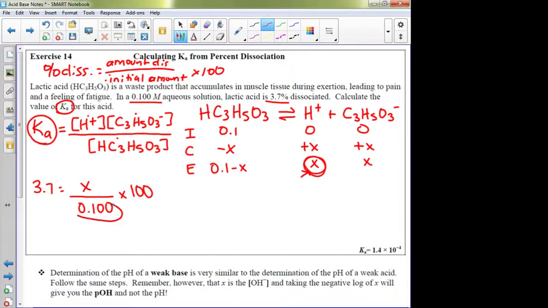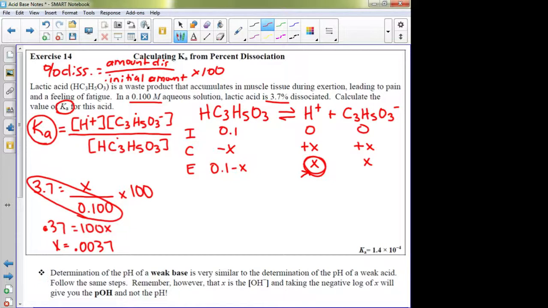I'm going to cross multiply this and do 3.7 times 0.1, which will give me what? 0.37 is going to be equal to 100 times X, so then I just what? Divide by 100. So then X is equal to 0.0037.